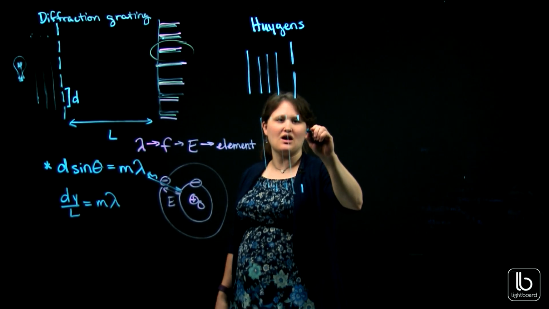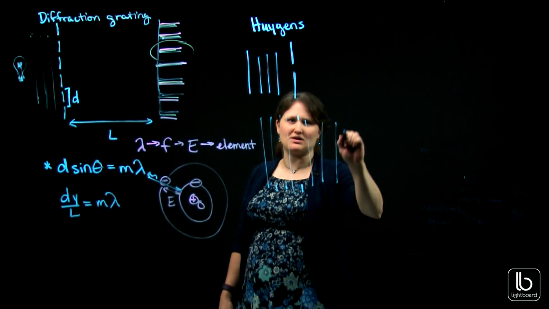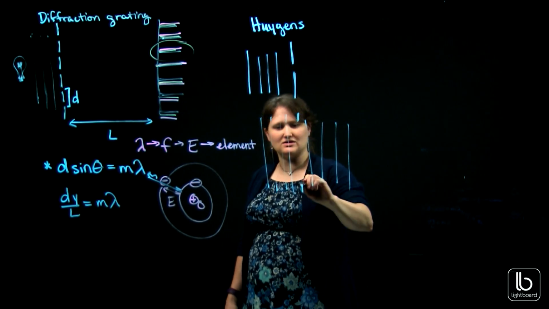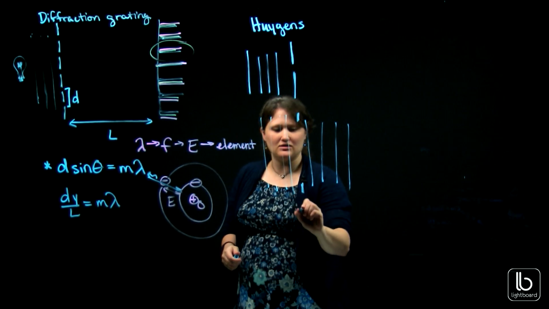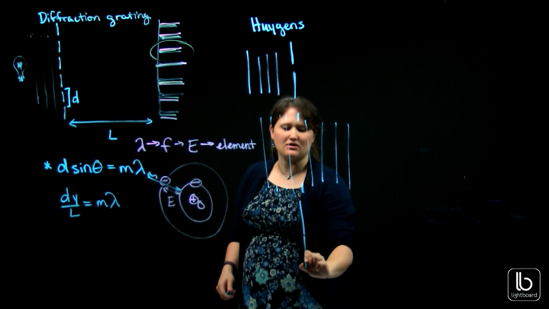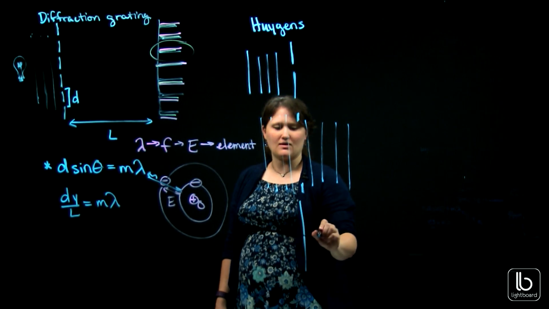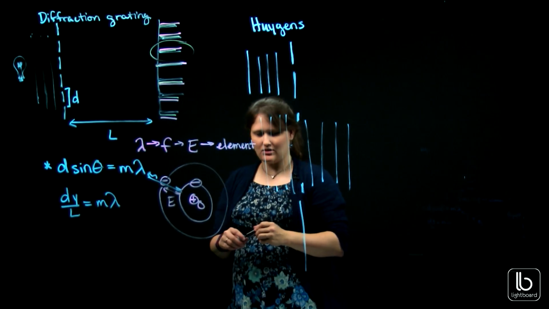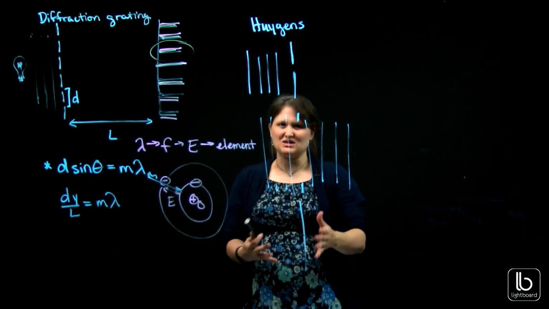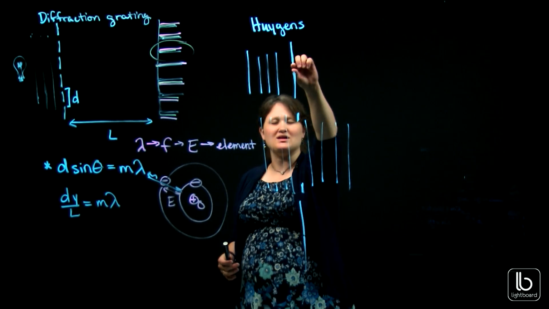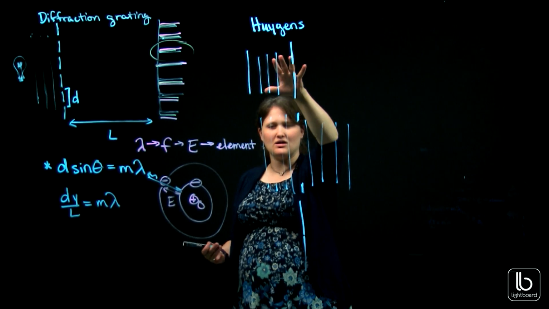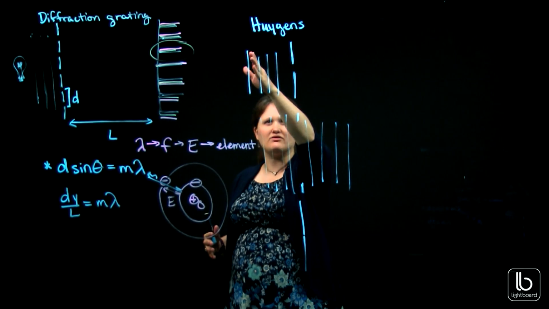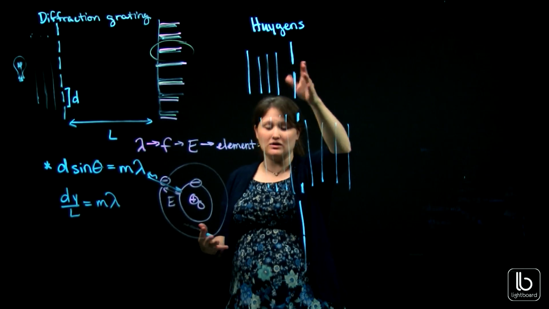Because in this case, I really am pretty much going to get the waves coming out like this, if this is my slit. And then if my slit is microscopic, I'm not going to see much of anything. I'm still going to basically block the waves. So I need my slit width to be on the order of magnitude, or near the order of magnitude of my actual wavelength that I'm dealing with.